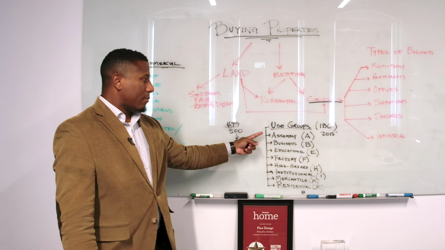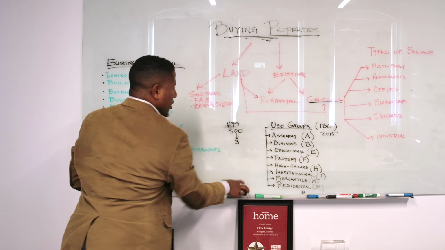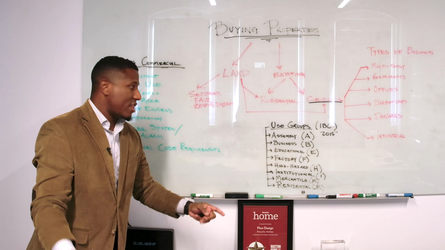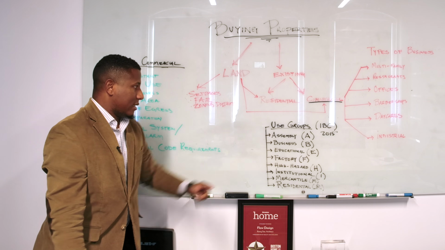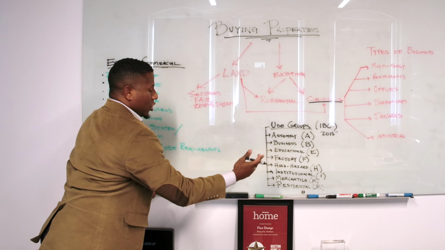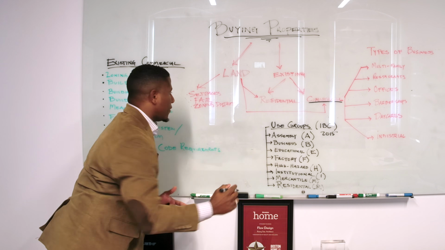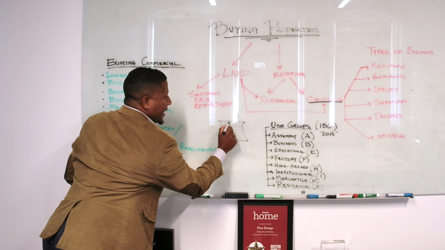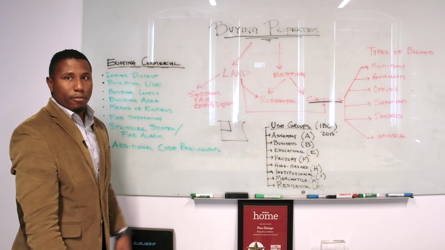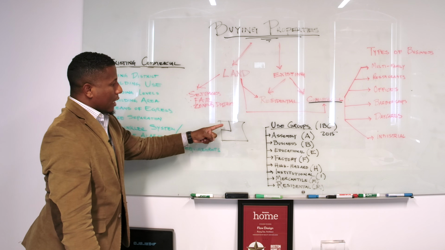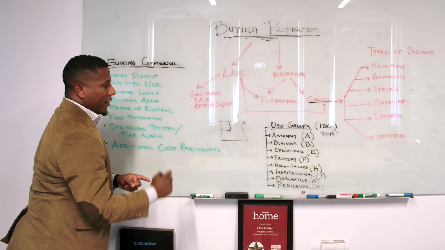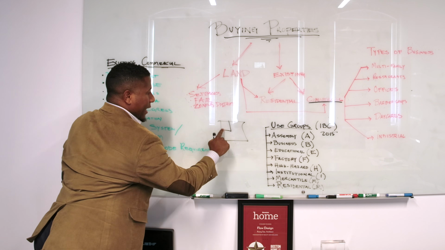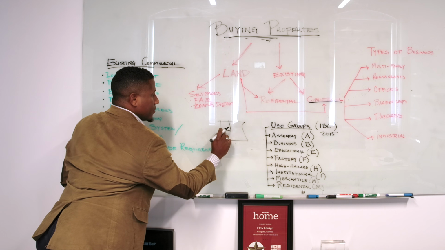That happens a lot with assembly use groups, because the building code also says that if you have an area within, let's say, a business, right? Let's say you have an office, and this is your office, and you have an area that is a conference room. The code says if less than 50 people are within any area, you only need one exit.